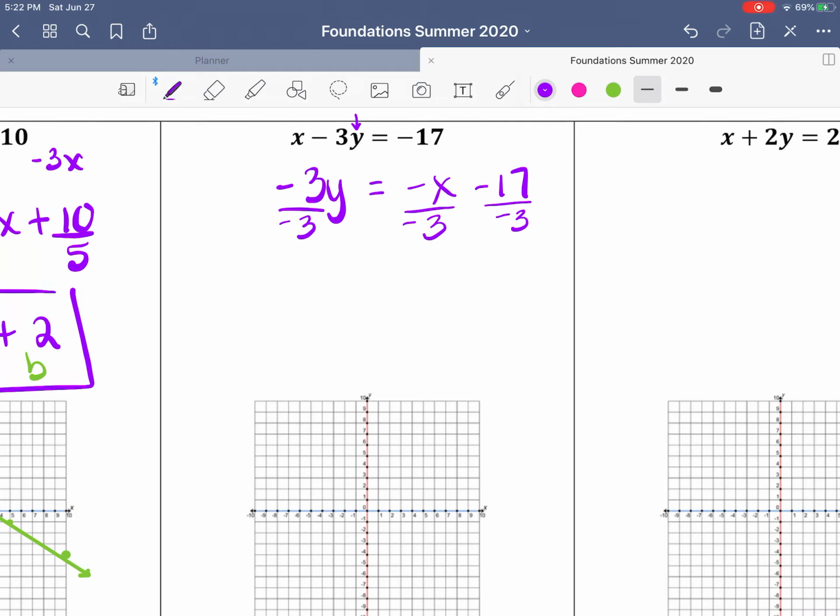Let's rewind. Let's make this an 18 so that it divides evenly. You can't do that in your homework, but I made these notes, so I can do it. And we get 1/3 x plus 6. The 17 would have been okay. It just makes it really hard to graph when it's a decimal, especially if you're doing it by hand.